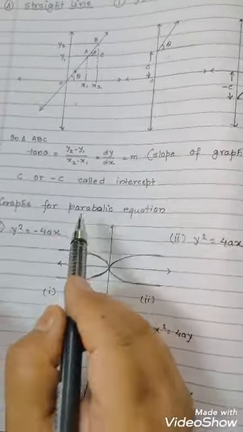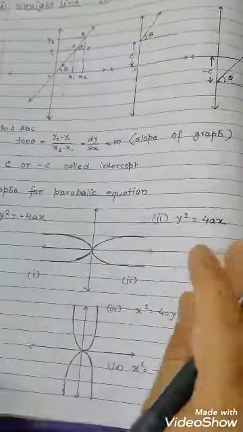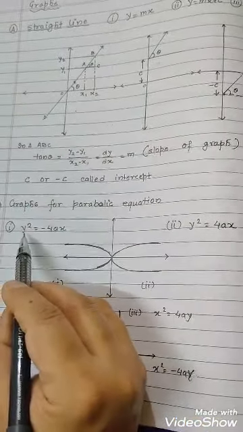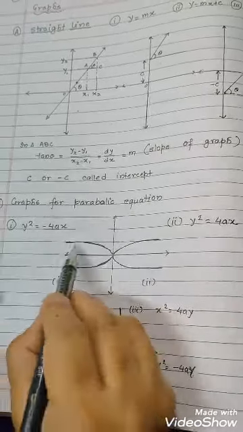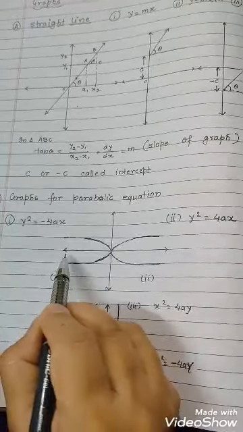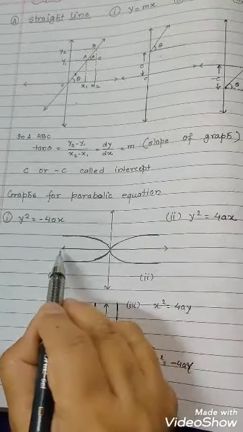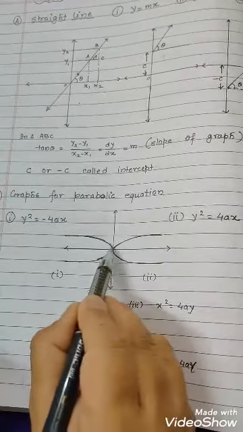Now for the graph of parabolic equations, you can see the parabolic equation of type 1, that is y square equal to minus 4ax. So this graph you will obtain. You can see that in this graph, this is the negative x-axis here. On this negative x-axis, on both sides you will find the symmetry of the graph.